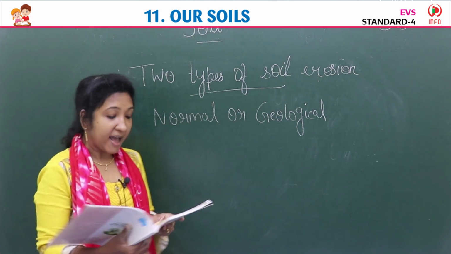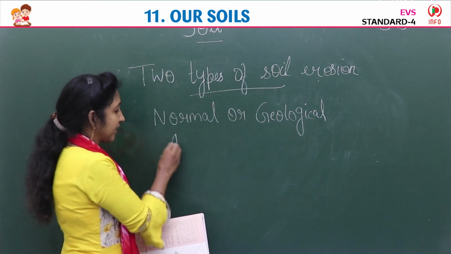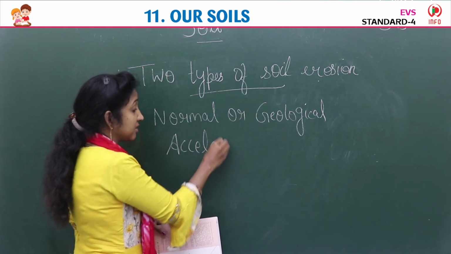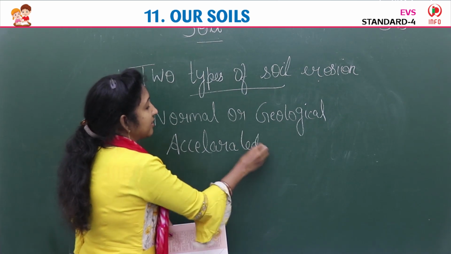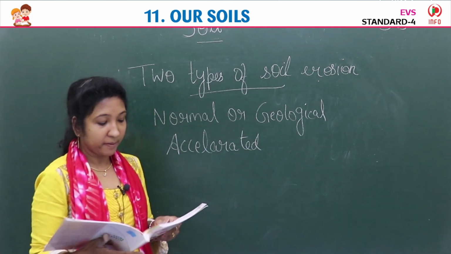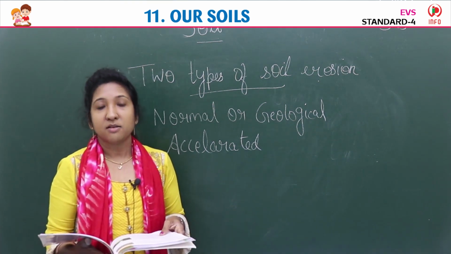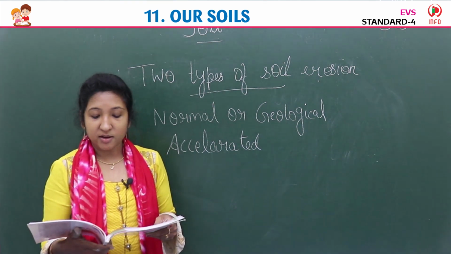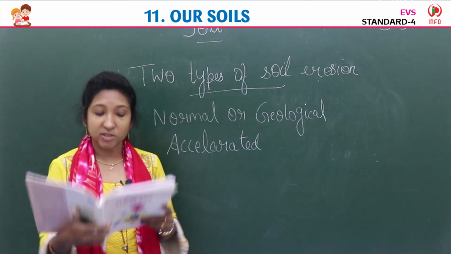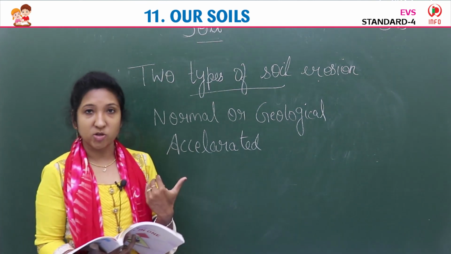So next is accelerated erosion, the other type. The second type is accelerated soil erosion. The effects of erosion are visible on the ground surface and the rate of soil loss is greater than the rate of soil formation.